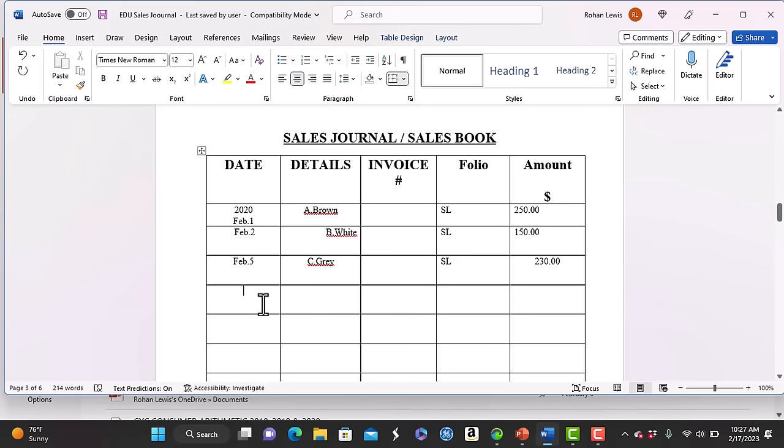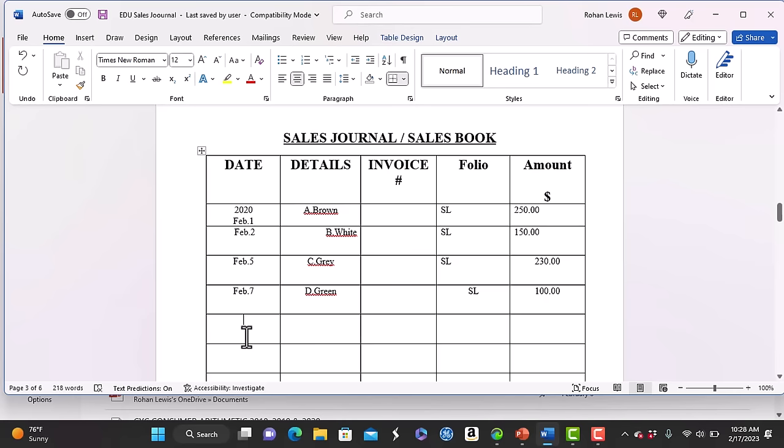On February 7th, there's the fourth transaction. Name of the customer is D. Green. Skip the invoice and go to the folio, which is sales ledger. The amount is $100.